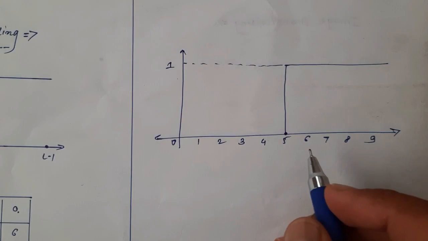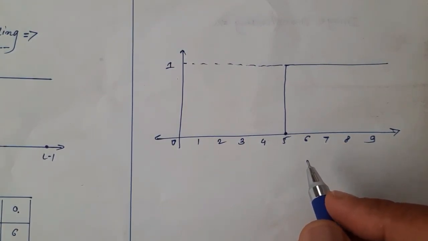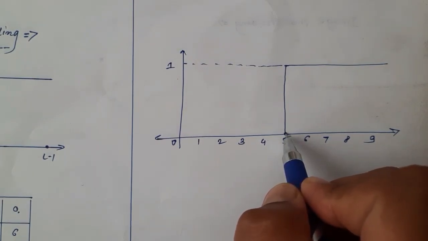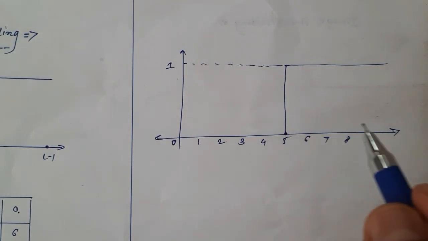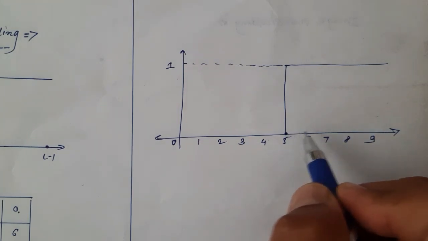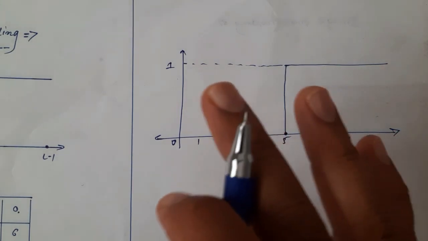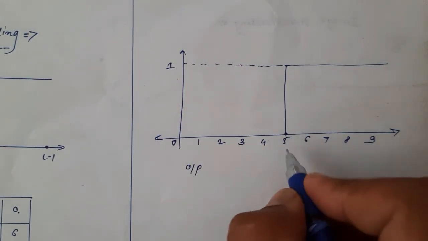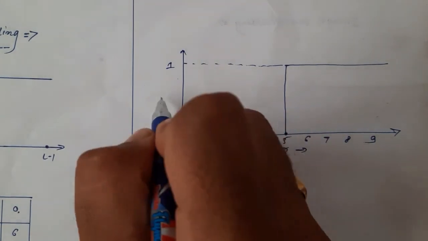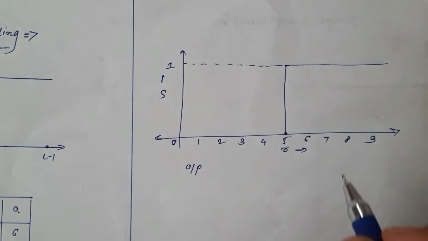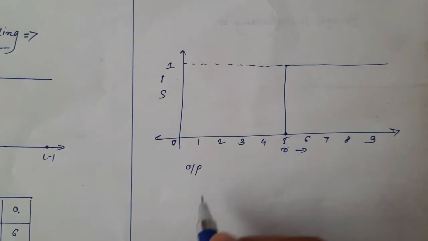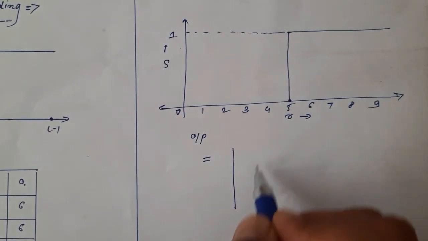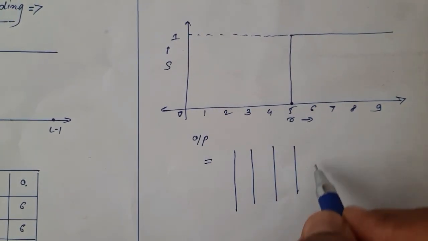Now I would like to find out the threshold image. The values which are lower than threshold 5 are converted to 0, and the values which are higher than threshold 5 are converted to 1. So I would like to map the corresponding output. These are my input values R and this is my output value S. So I want to map R to S. The output matrix I want to form is a 4 by 4 matrix.